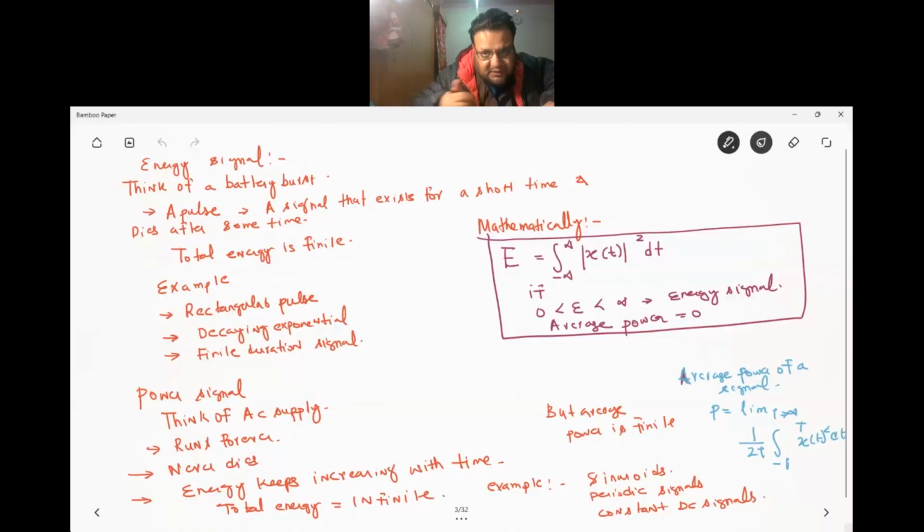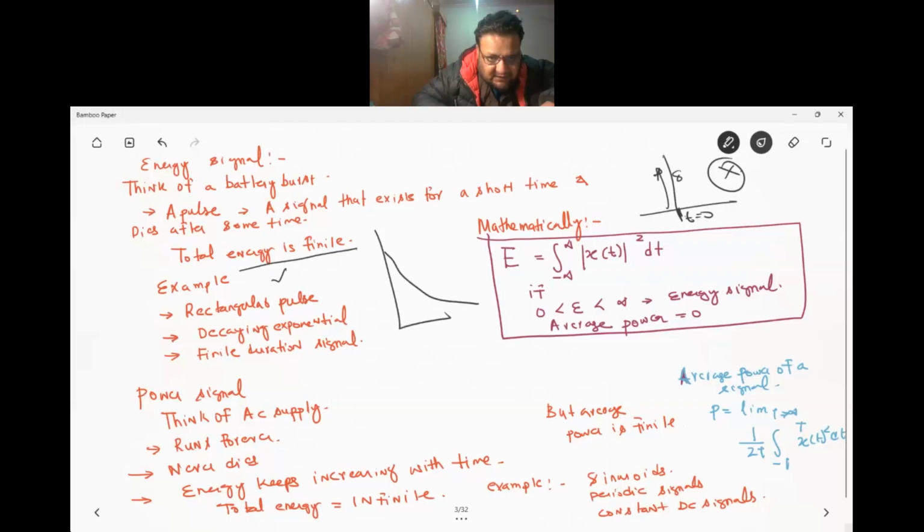But if you look at an impulse function, it also appears briefly, but its total energy is infinite, because when it appears at t equal to 0, it carries infinite energy. Hence, the impulse function is not an energy signal. It's neither an energy nor a power signal. So total energy has to be finite. Examples are a decaying exponential signal, any finite duration signal, or a rectangular pulse.